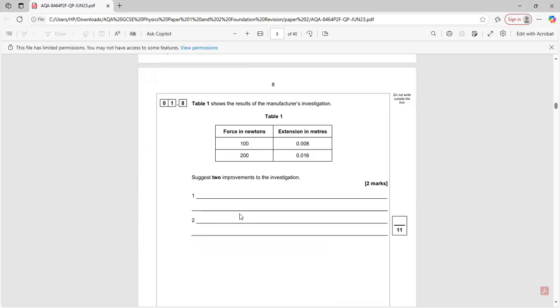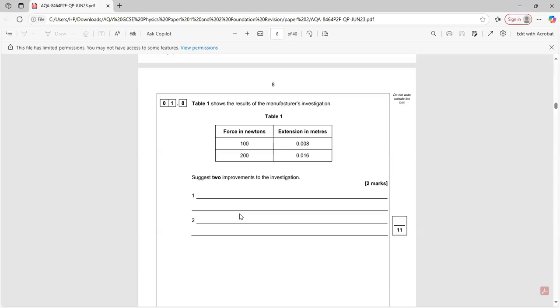Okay, so moving on. We're on 1.8 now. 1.8 says table 1 shows the result of the manufacturer's investigation. Force in Newton 100, extension in meters 0.008, force in Newton 200, extension in meters 0.016.